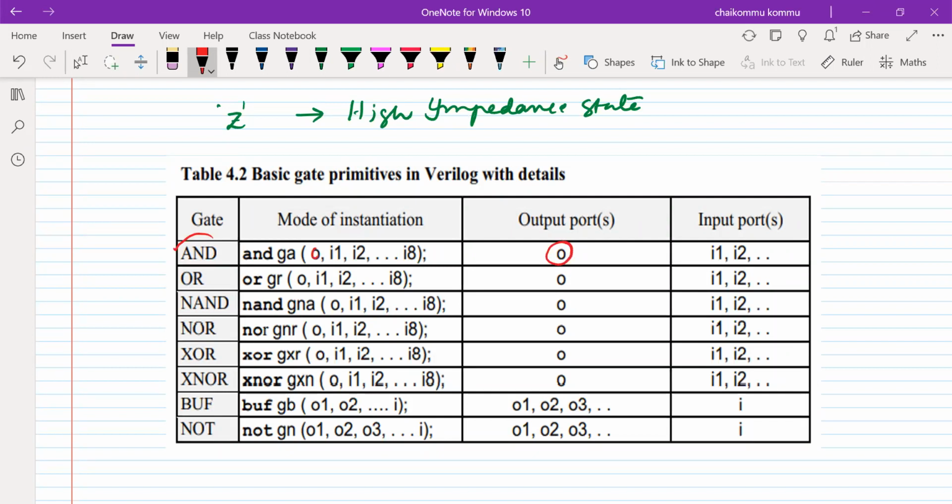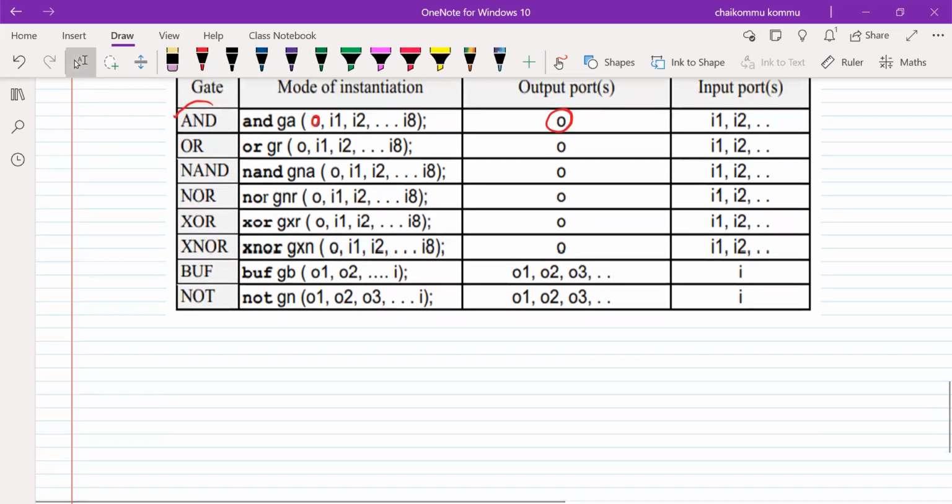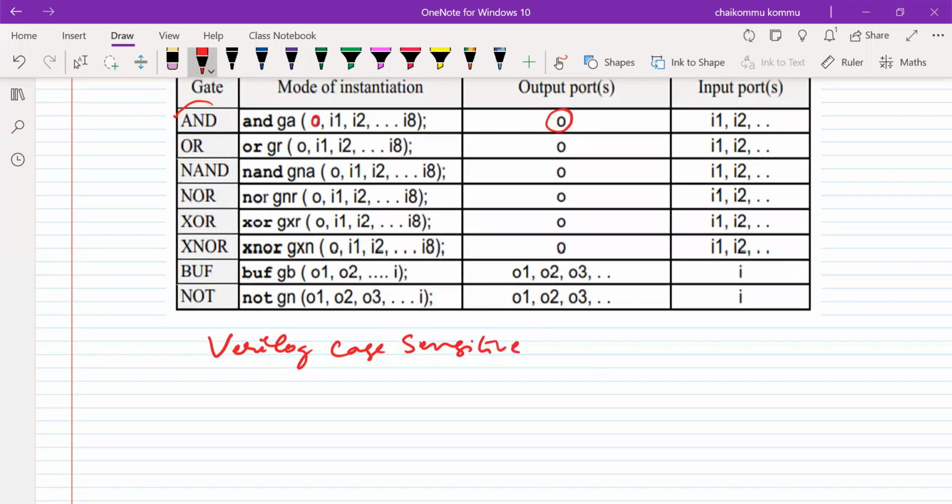Normally they have used a small o, but you don't use o, because o means output. You have to use another name because Verilog is case sensitive. If your intention is a small o but you write a big O in the program, we cannot tell whether it is a big O or a small o, and the visualization is very difficult.